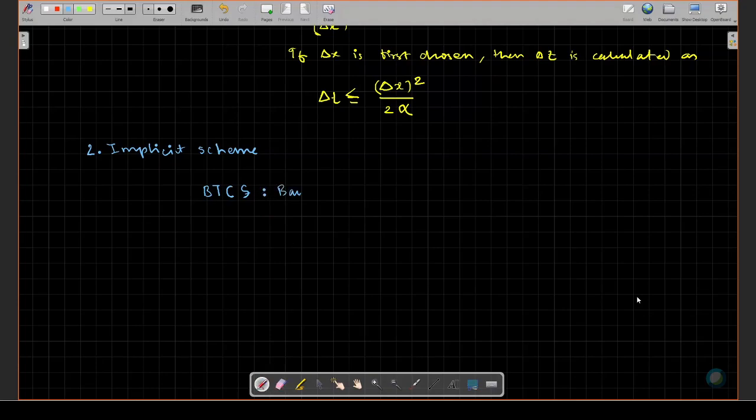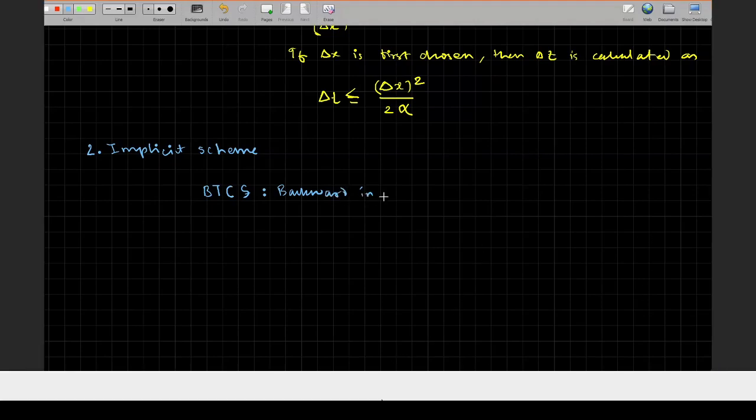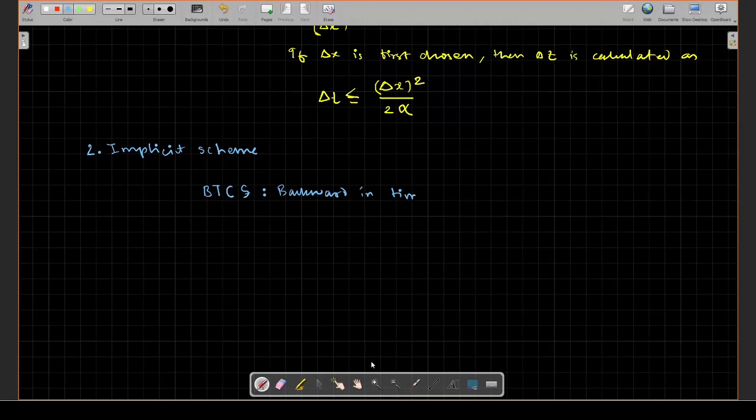Backward in time and central in space. Okay, so backward in time and central in space, how is it implicit?